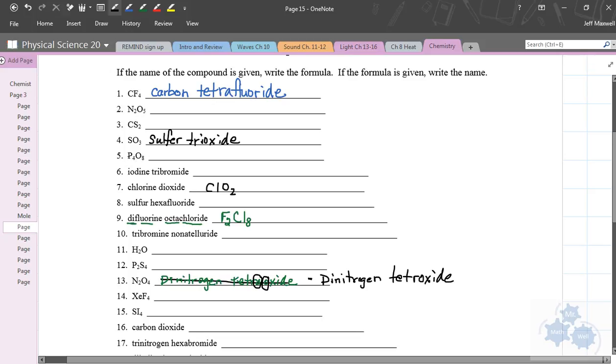Okay, so you've got 4 phosphorus atoms, so it's going to be, no, you don't do the ide for the first one. So tetraphosphorus, and then oxide. So you drop the vowel there, so oxide. It's a mouthful.